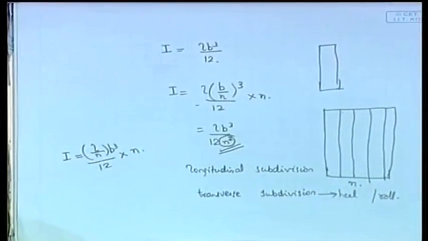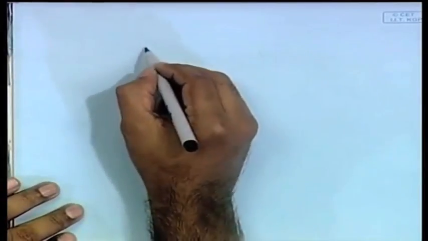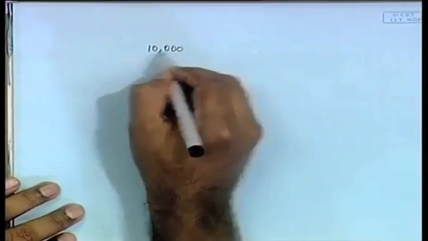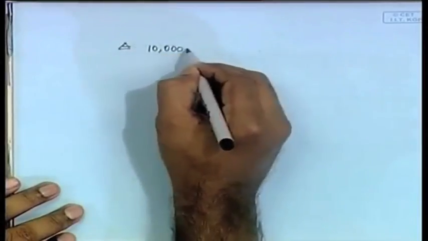Now we have some 2 or 3 problems here that give some understanding of these kinds of problems. It says that a vessel has a displacement of 10,000 tons.